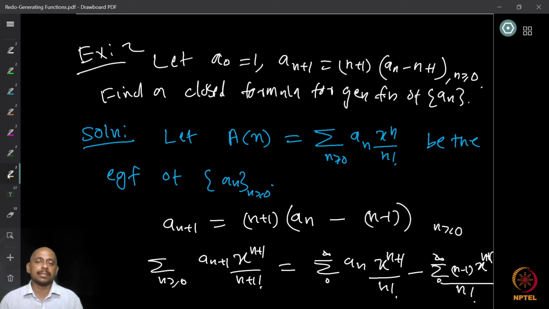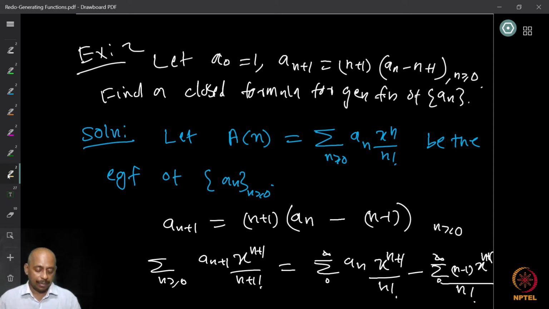So A(x) is the summation of a_n x^n by n factorial, the exponential generating function for the sequence a_n. What is a_n? It is defined by the recursive formula: a_{n+1} is (n+1) a_n minus (n+1). So take the summation by multiplying with x^{n+1} by (n+1) factorial on both sides.